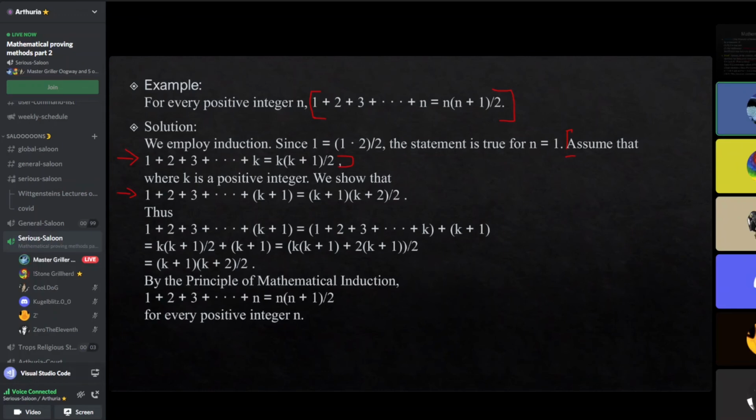So this k plus 2, this k turns into k plus 1. Following me thus far? Okay. The second thing that we do is simple algebra.